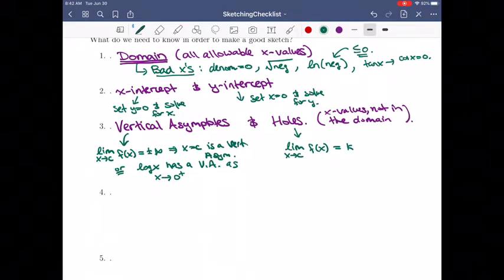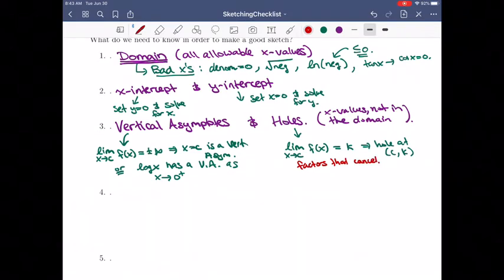That's going to mean that you have a hole at the point (c, k). So how do you tell the difference without doing the limit? For the holes, you're going to have factors that cancel. That's what makes the limit exist.